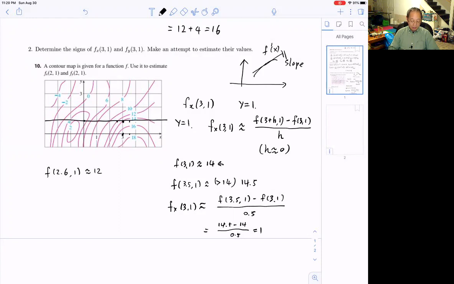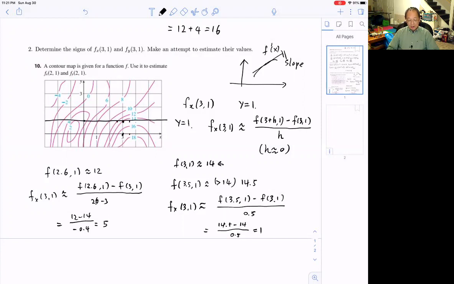So now we can also write down f_x(3, 1) is approximately f(2.6, 1) minus f(3, 1), divided by 2.6 minus 3. So we're going to have 12 minus 14 over negative 0.4. So here we have 2 over 0.4, which is 5.